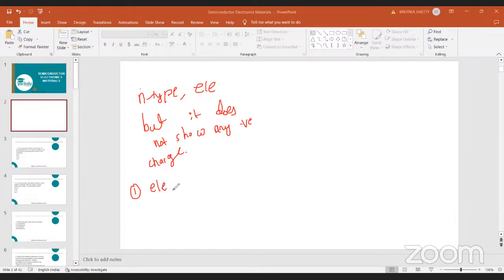Electrons are stationary here. Second option, electrons are neutralized by the holes. Third one, mobility of electrons is small. Option 4, atom is electrically neutral.